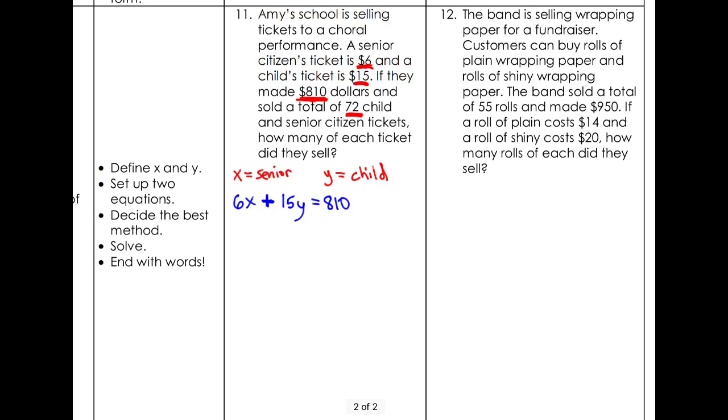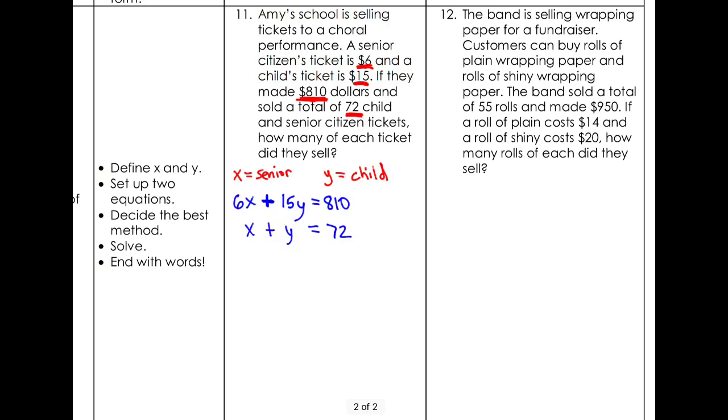Okay, now we also defined our variables already, like I already said. So it's X for senior and Y for child tickets. So we have X plus Y. Those are your tickets, not including the cost. And there's a total of 72 tickets sold.